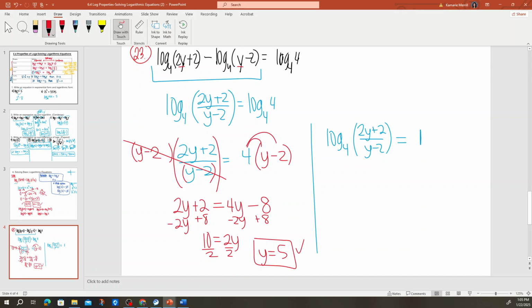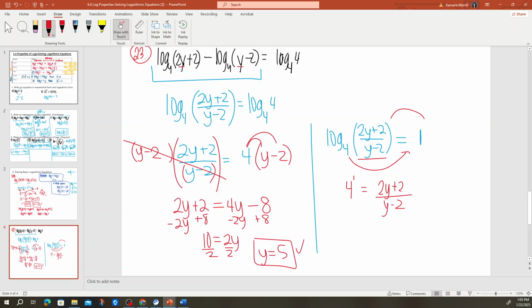Now, I still don't want to leave you hanging here. We did nothing wrong by making this a log base 4 of 4, and this is actually setting us up for tomorrow. What can I do? What property do you know? If I need to get something unstuck, you flip it, so that'd be 4 over 1. 4 to the 1 is equal to 2y plus 2 over y minus 2.